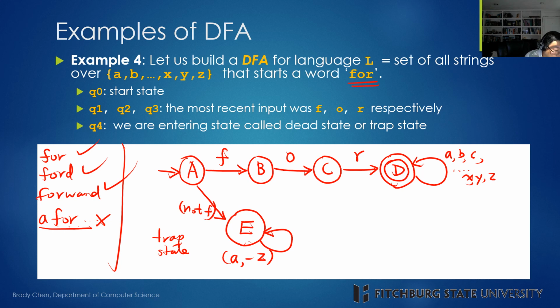But if the second character is not O, then we reach the trap state. Because with FA, it doesn't matter what the follow-up character is. We're not going to accept that string. Again, for C, if it's not R, then we reach that state. So this is the finite state machine. This is the finite automata.